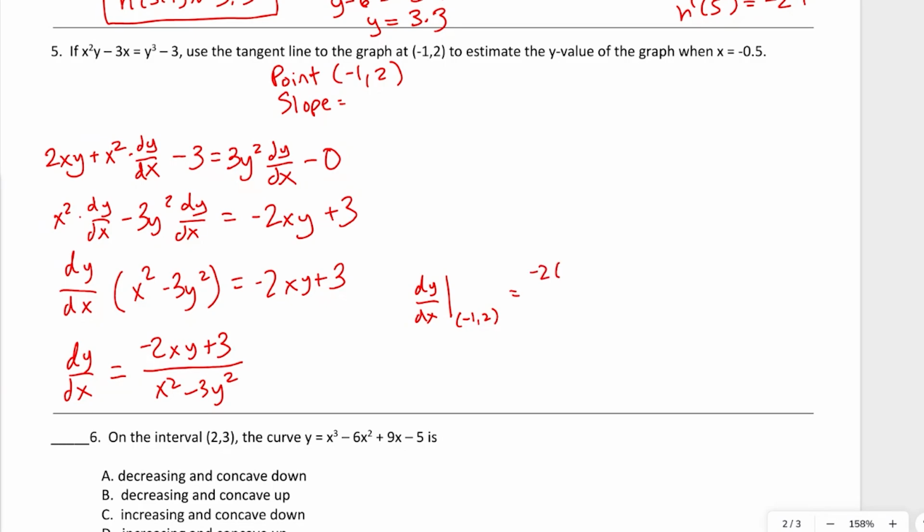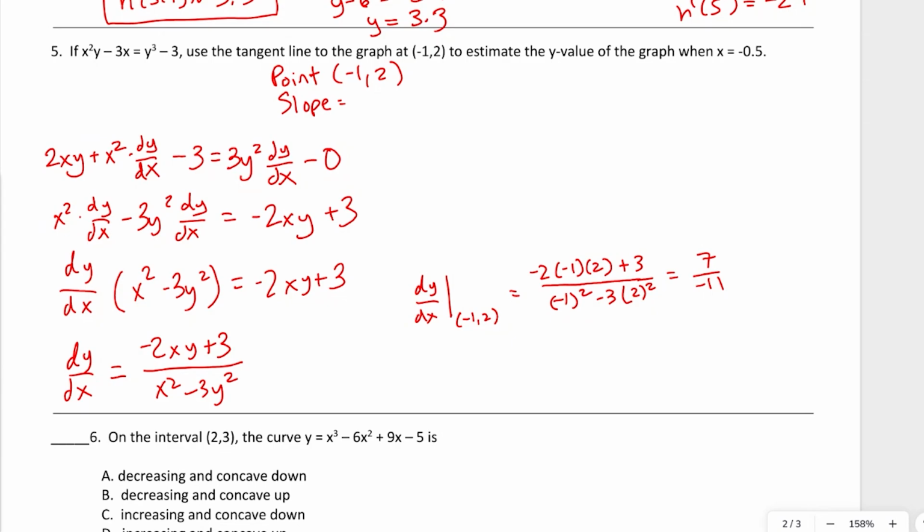So I'm going to have -2 times -1 times 2 plus 3, all over -1 squared minus 3 times 2 squared, which would be -4 plus 3 is -1. No, hold up. That's +4 plus 3 is 7. And then we've got 1 minus 12 is -11. So I get -7/11.